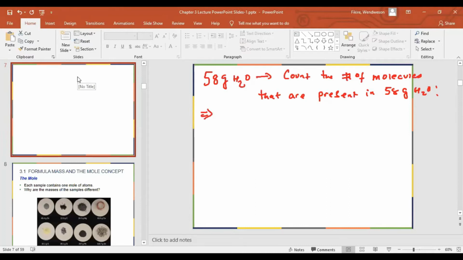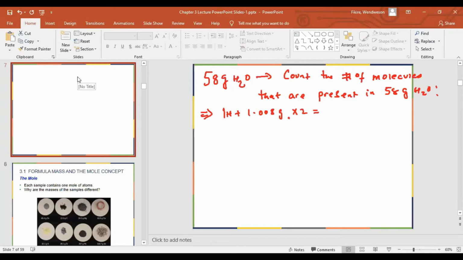We have to calculate hydrogen and oxygen. Out of this equation, we have hydrogen, which based off the periodic table has a mass of 1.008, I believe. And the same for oxygen, which will be 15.999, I believe. But we have two hydrogens, so we have to multiply this by 2.